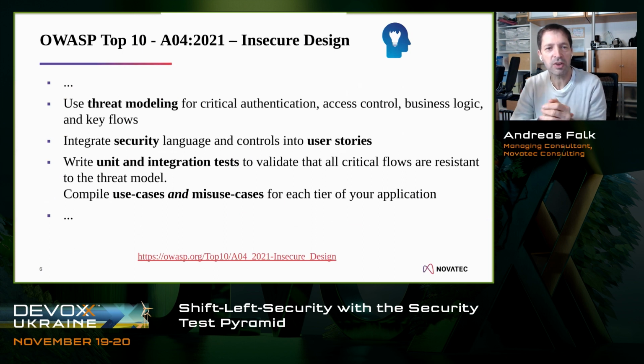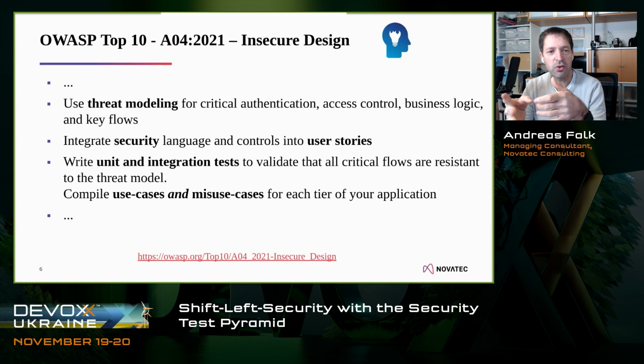So we will have a look deeper into the new topic called insecure design. As you can see on the top right, the OWASPs, in addition, also created some nice icons now for each and every topic. And insecure design deals about having security already in concept phase, in architectural phase from the beginning.